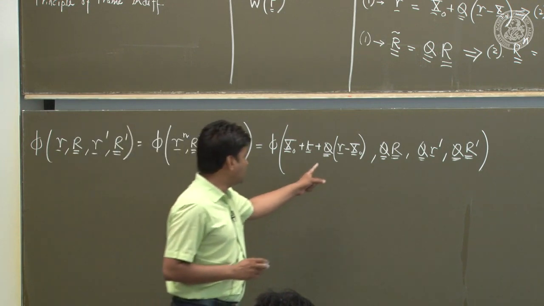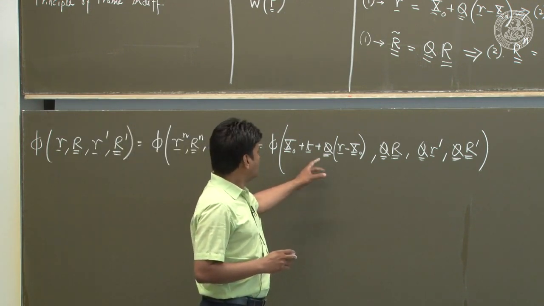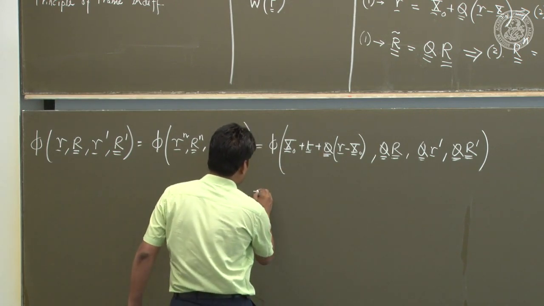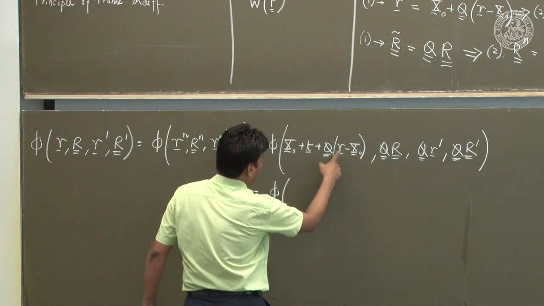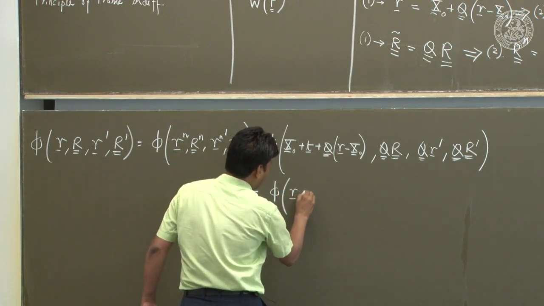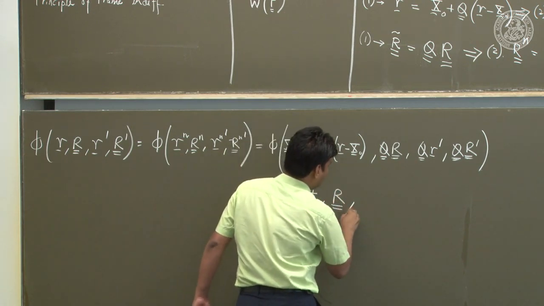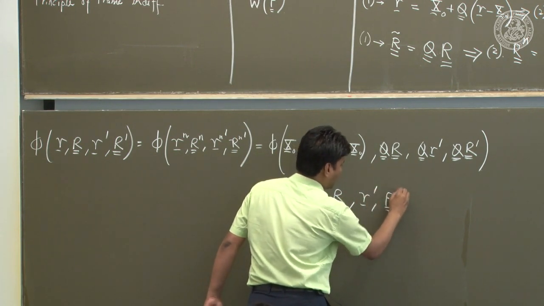So Q becomes identity, isn't it? So in case of pure translation, this is phi of little r plus T, comma big R, comma little r prime, comma big R prime.